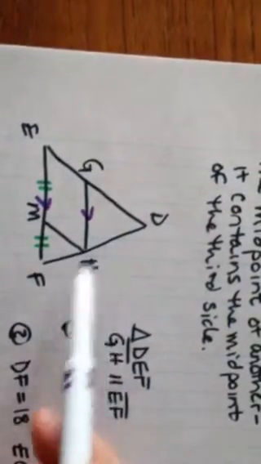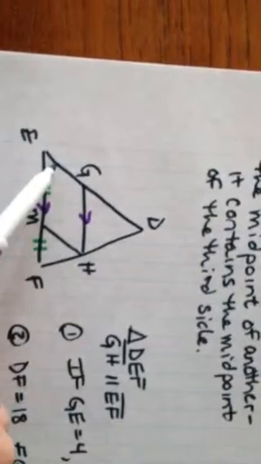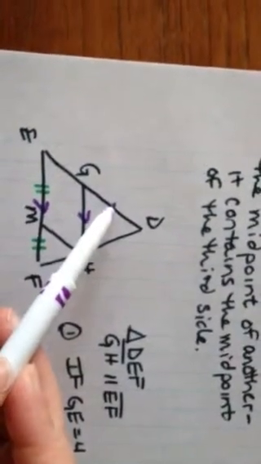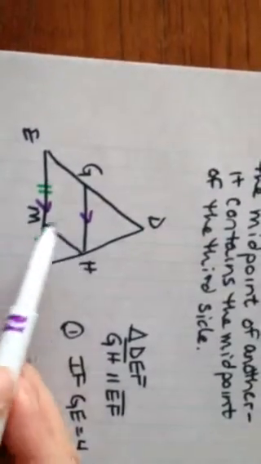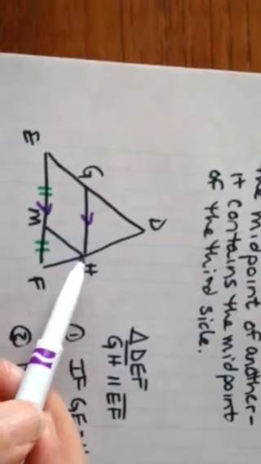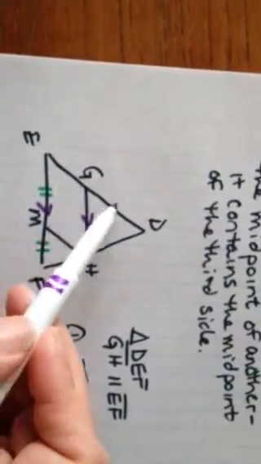You're right, because these two pieces are equal. So if GE is 4, then DG would have to be 4, because if lines are parallel and it hits the midpoint on one side of the triangle, it intersects on the midpoint of the other one. So those two pieces are both equal.